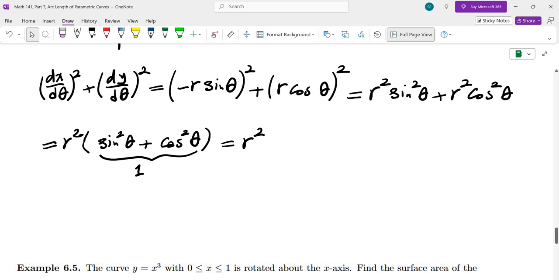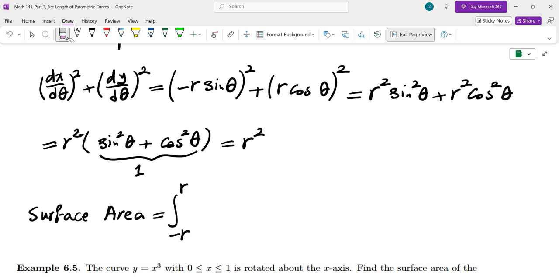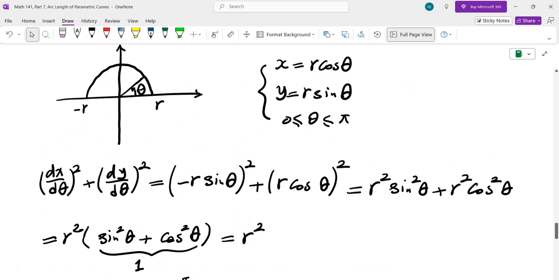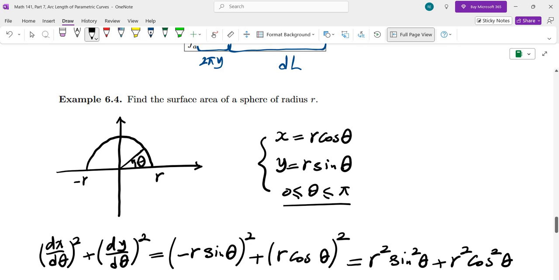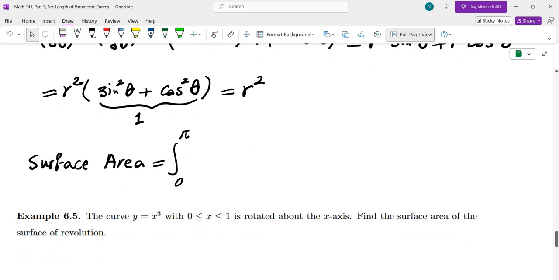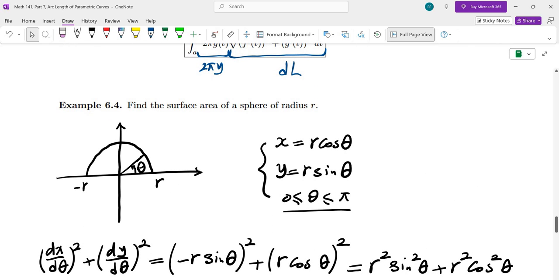So that gives us the surface area is going to be the integral from 0 to π, the limits of θ are 0 and π. We talked about that here because it's a semicircle. And then we have to find the circumference, which is 2π times the radius.